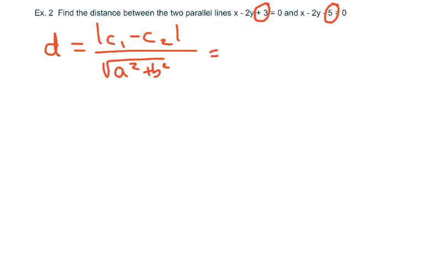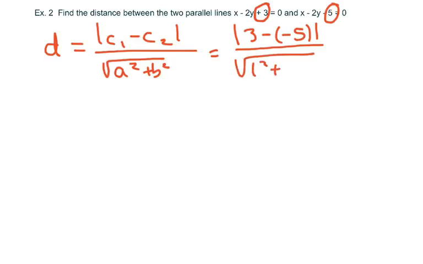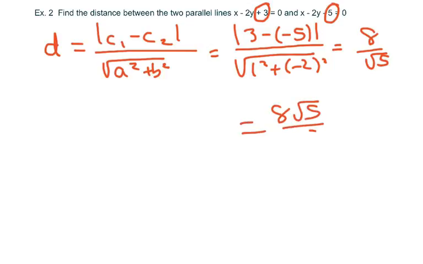So we're going to get the absolute value of 3 minus a negative 5 over the square root of 1 squared plus negative 2 squared, which gives you 8 over root 5, which equals 8 root 5 over 5, which is 3.58. So this is using the formulas and knowing when to use the formulas.